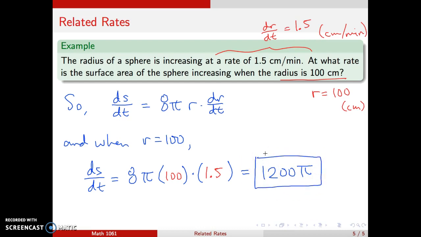The other thing I want to keep in mind is I'm looking at how surface area, that rate of change. So surface area's rate would be area unit per unit time. And this 100, remember, was in centimeters. This was in centimeters per minute. So this is going to be in square centimeters per minute.